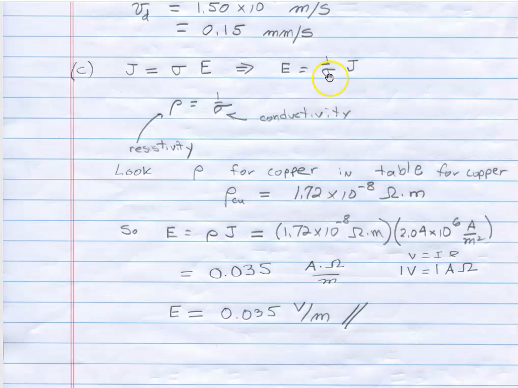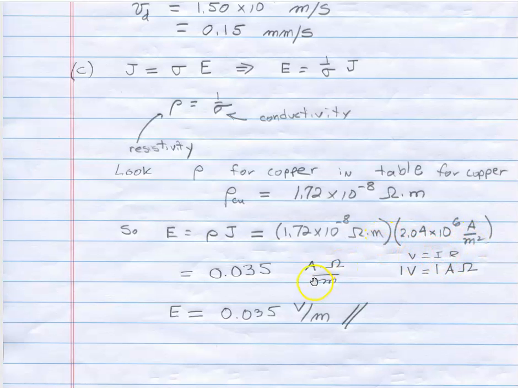And that 1 over sigma is the resistivity, and so the electric field is equal to the resistivity times the current density. And then plugging in our value for copper times the value of the current density that we found in part A, then multiplying that out, I get 0.035.